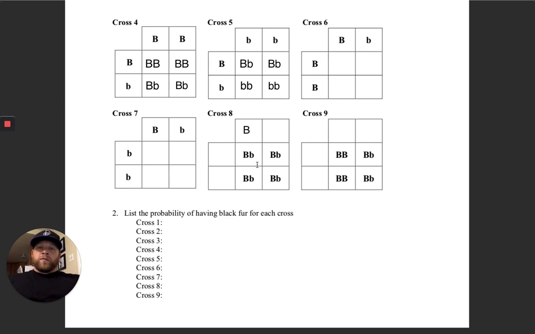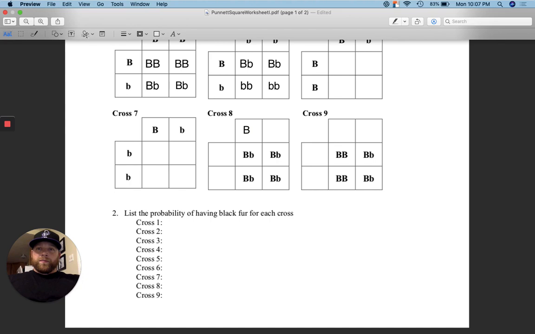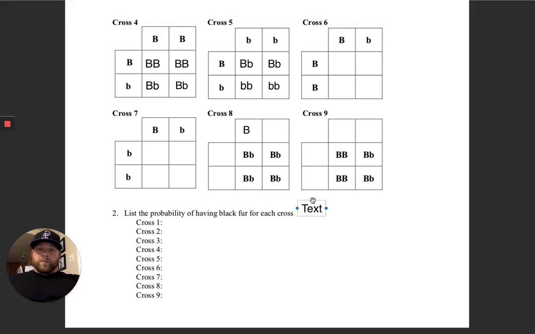Because if this one's the dominant, this one needs to be the recessive. Alright, so we got our dominant going down, our recessive going across.